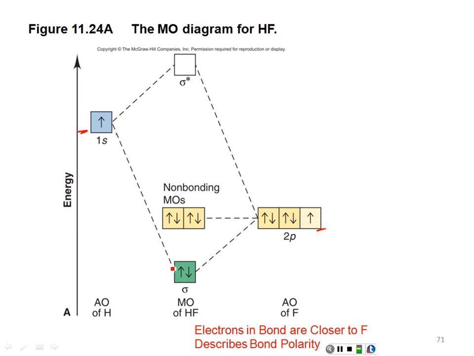That is only good to mix with one of the p orbitals, so you get a sigma and a sigma star, and the other 2 unhybridized, non-mixing p orbitals from fluorine turn into what are called non-bonding molecular orbitals. In other classes, you might talk more about these non-bonding molecular orbitals. In this class, I'm not going to expect you to know about them.